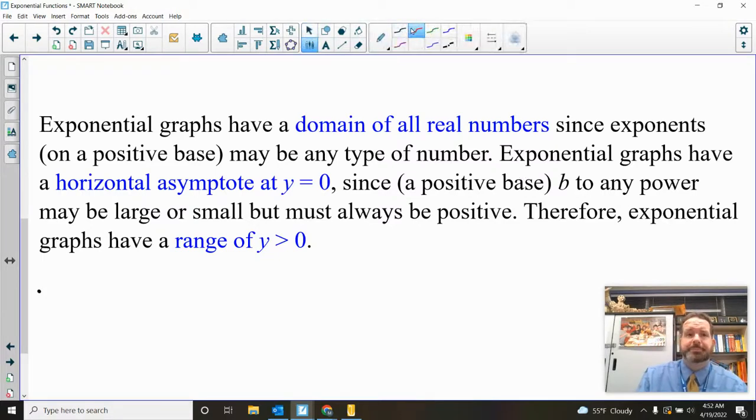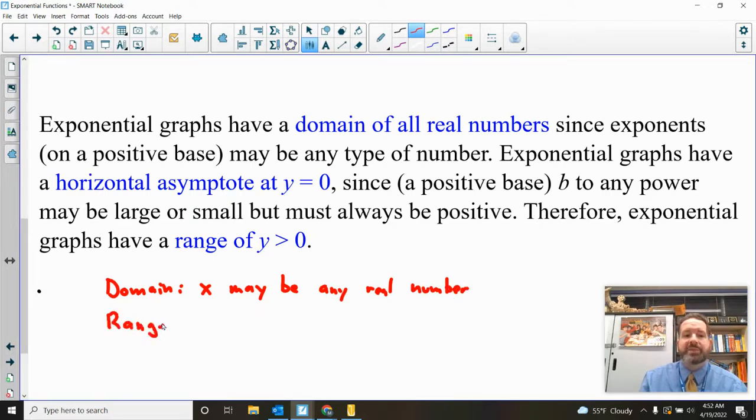Domain-wise, this is describing what your x's can be. So x may be any real number. Positive, negative, 0 doesn't make a difference. But range, this is describing your y's, positive outputs only.